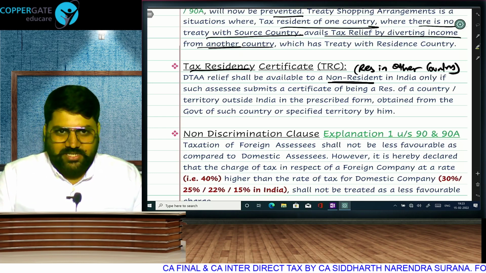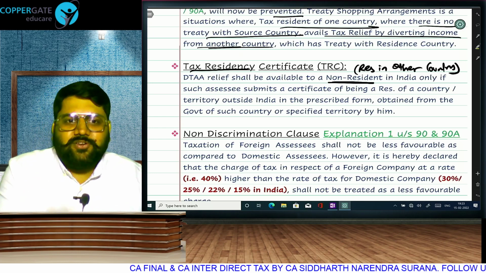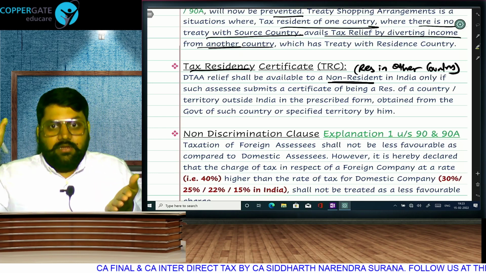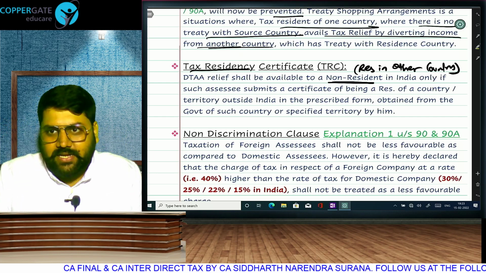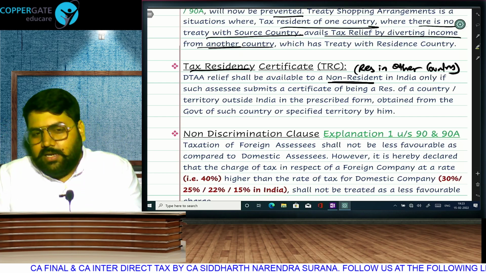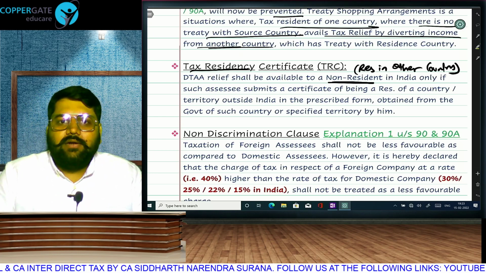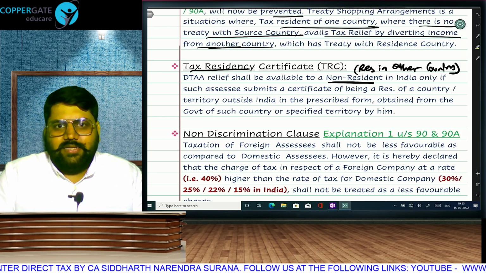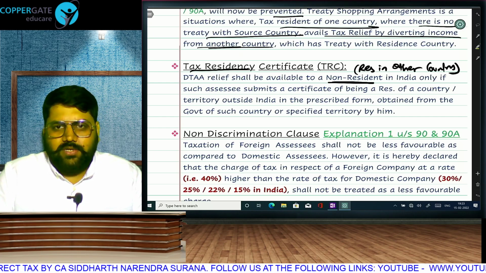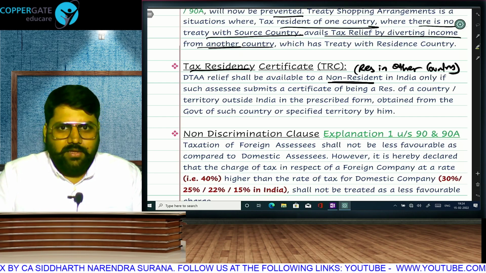We write these clauses in the treaty. Kindly grant relief, this person is a resident. You have to bring that tax residency certificate, and relief will be given to you only and only if you have that tax residency certificate. Otherwise, relief will not be given to you. Tax residency certificate will be required.